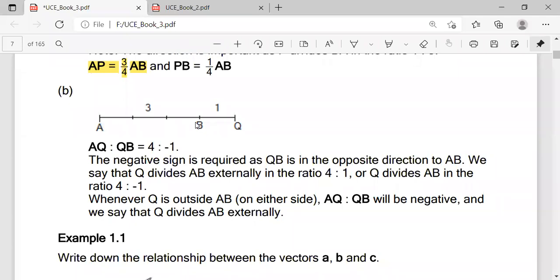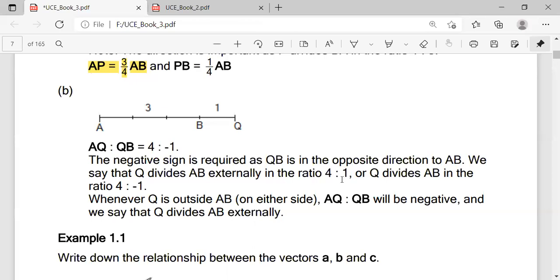What about, let me ask you, what is AQ to BQ? 4 to 1. That's the 4 to 1 they're having here.